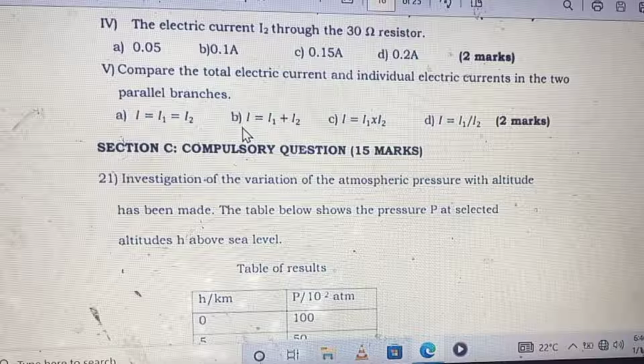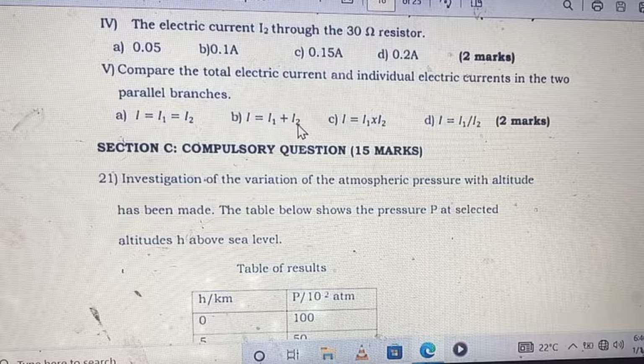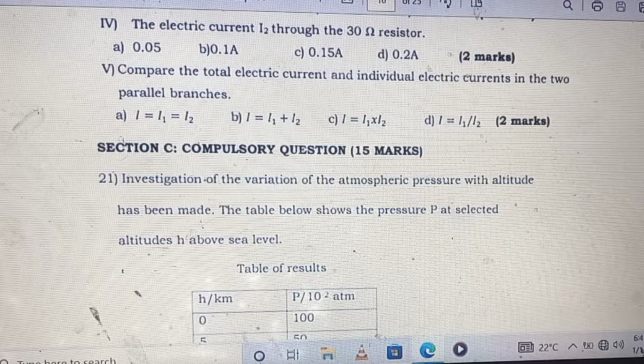The correct option is letter B, current equal to current 1 plus current 2. From the rules of induction, current entering equal to the current leaving.